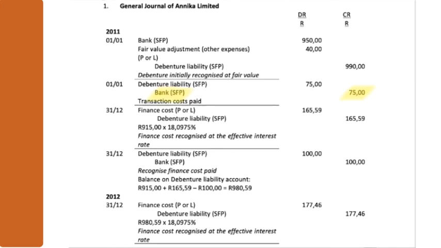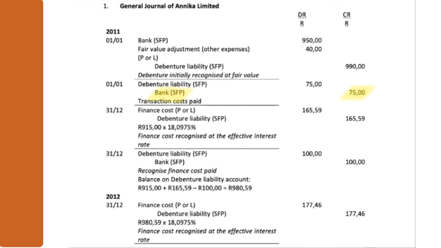The only category where the transaction costs on initial recognition are an expense is in the category financial assets at fair value through profit or loss. We are in the category financial liability at amortized cost. The rules of this category are that the transaction costs are recognized in the financial instrument.